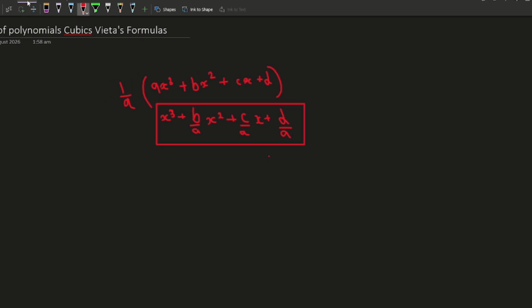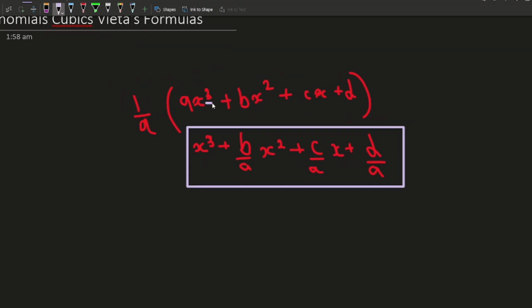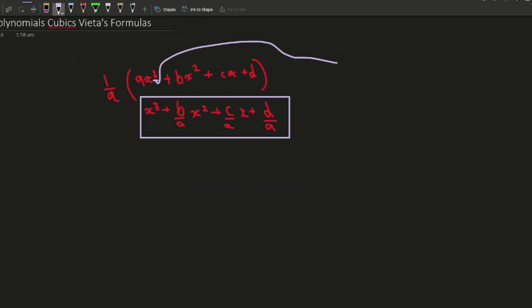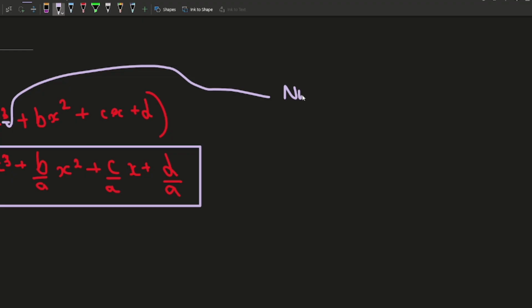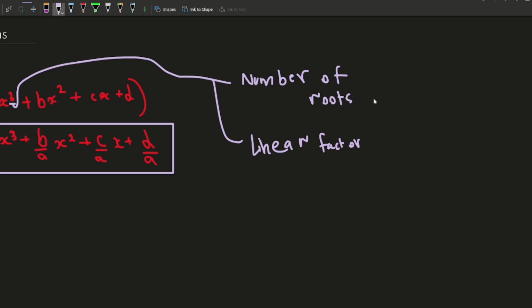Okay, so as I mentioned in my previous class, the highest degree in a cubic is 3. So the highest degree tells us the number of roots and linear factors. Since it's 3 here, there are 3 roots and 3 linear factors.